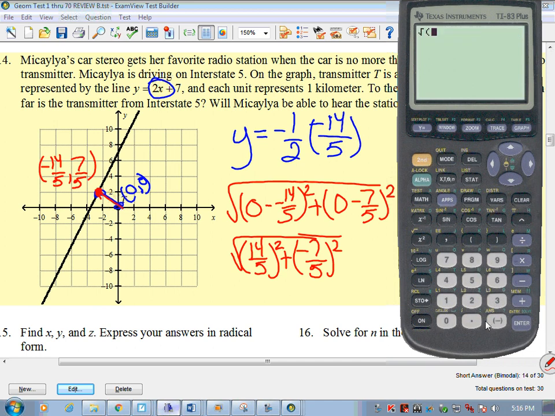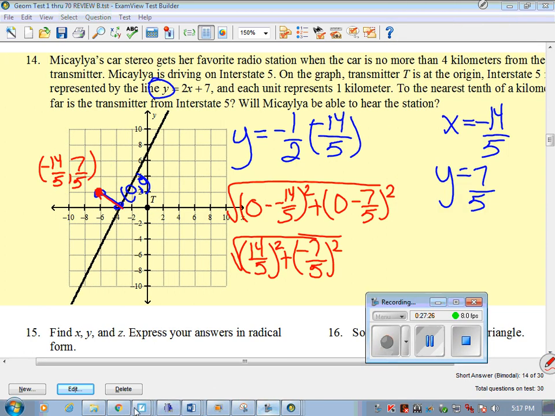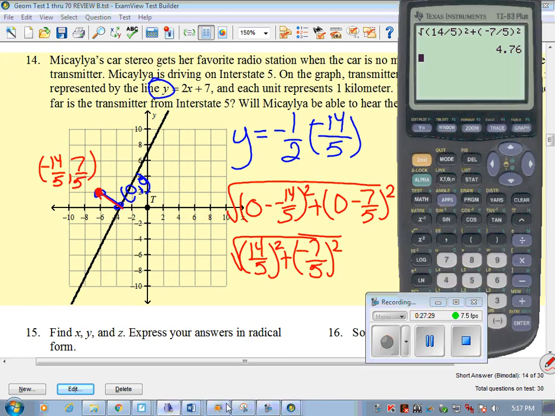Square root of 14 divided by 5 squared plus negative 7 divided by 5 squared, and hit enter. Looks like 4.76. I think I did something wrong in the calculator. We're going to try this one more time.